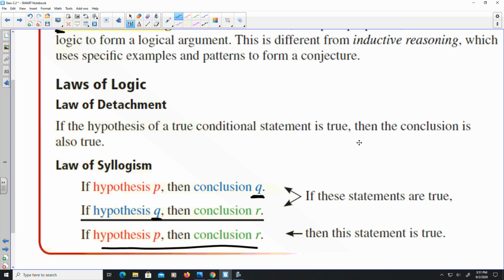So they're saying here, if you have hypothesis P, then conclusion Q. If hypothesis Q, then conclusion R, then you can say the hypothesis P in the first statement leads to conclusion R. But there are other variations that you can make, and I'll give you examples of how those are created.